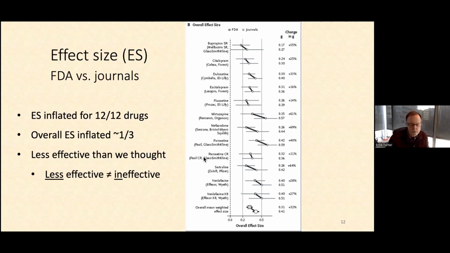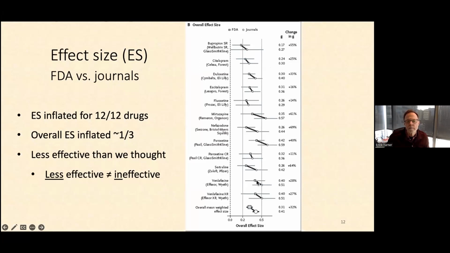In this case, we looked at that. I think you can see my cursor. The squares here are the FDA-based effect size, and the open circles are the journal-based effect size. Here are the 12 drugs, and as you can see, there's a dark line connecting the FDA-based effect size to the journal-based effect size, and in every case, for each of the 12 drugs, the line slants down and off to the right, consistent with an increase in the effect size.